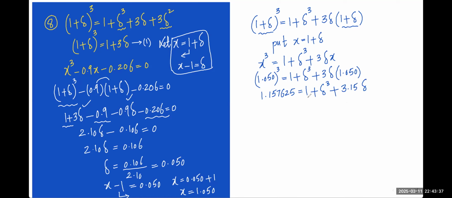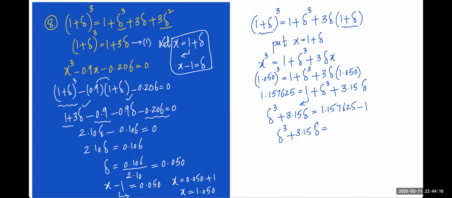So if you bring that side, this value, you get delta cube plus 3.15 delta is equal to 1.157625 minus 1. If you simplify, delta cube plus 3.15 delta, and subtract this one, it'll be 0.157625, right?